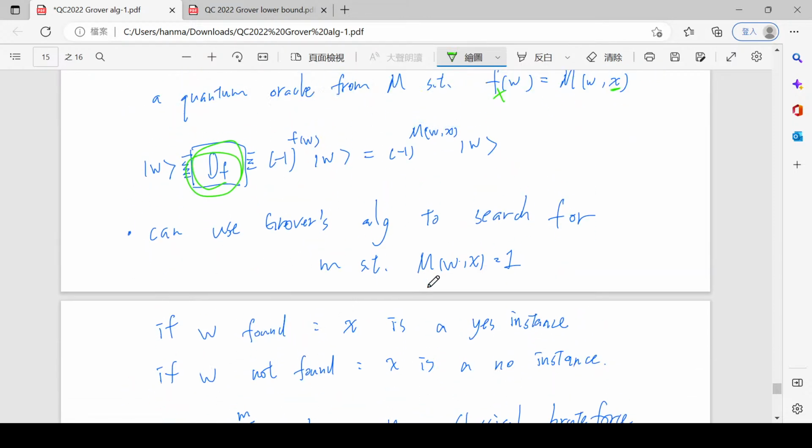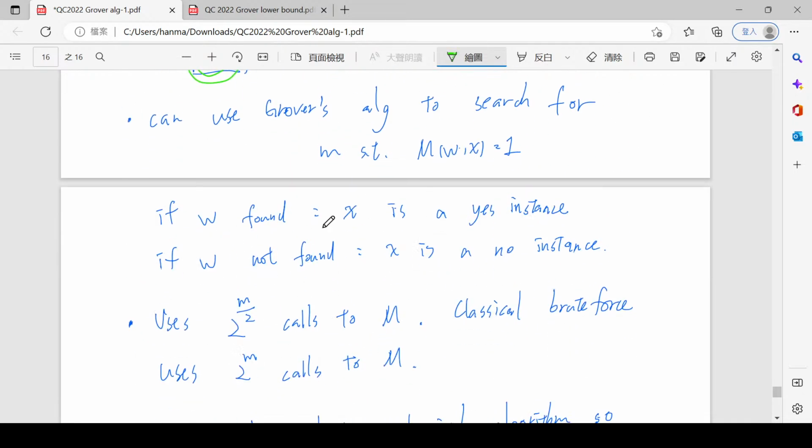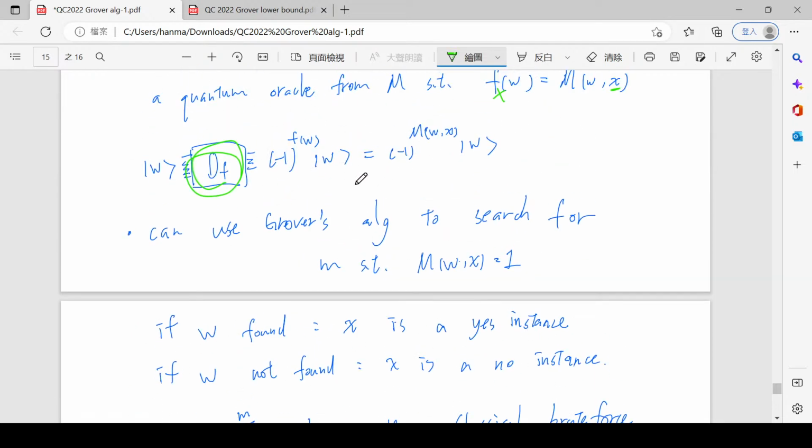So this is solving the decision version. If you found the W, then you know X is a yes instance. If you don't find the W, you know X is a no instance. So you solve your NP problem by doing this Grover search.